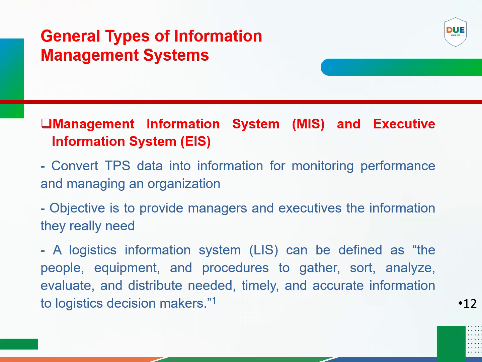Think about a Vietnamese distributor of fast-moving consumer goods. Its TPS records each delivery to small grocery stores, while an MIS might generate weekly reports summarizing sales by region, product category, and sales representative. Managers can use these reports to spot regions with declining sales or products that are overstocked.